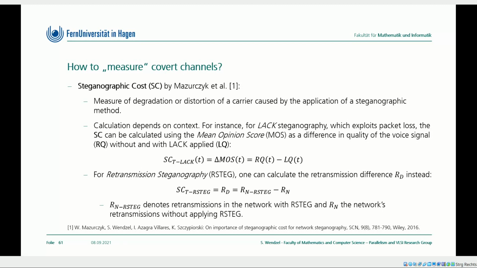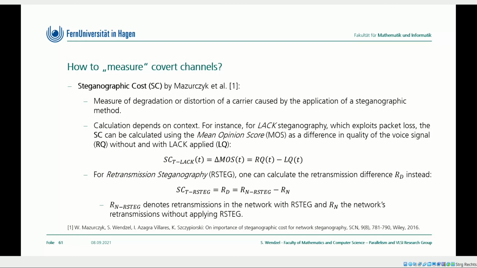Then there is retransmission steganography, or RSTEG, which is basically the opposite of LACK. The idea is you mimic the behavior of certain protocols such as TCP that have a retransmission functionality, where they assume that the segment got lost and you just retransmit it so that it reaches the receiver and an acknowledgement is received. One can mimic this behavior in a steganographic manner. There's quite a lot of research about this.